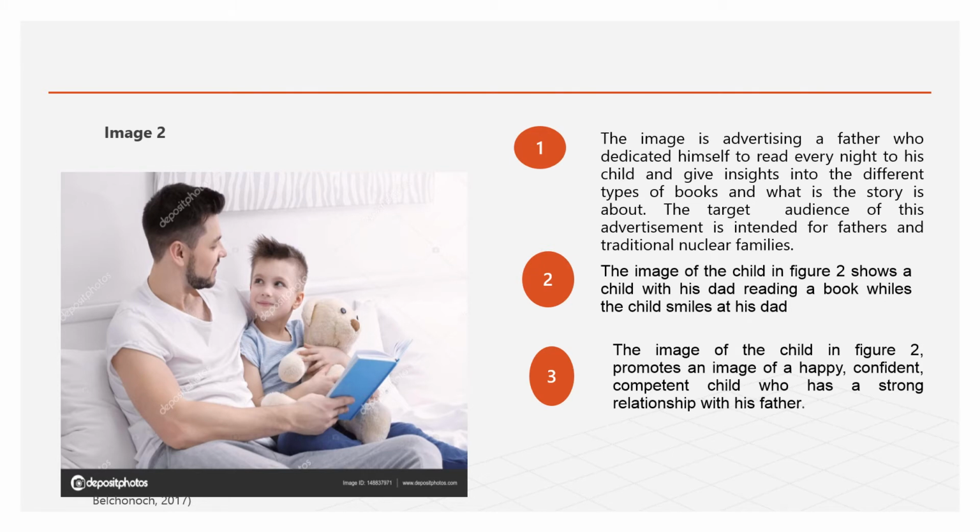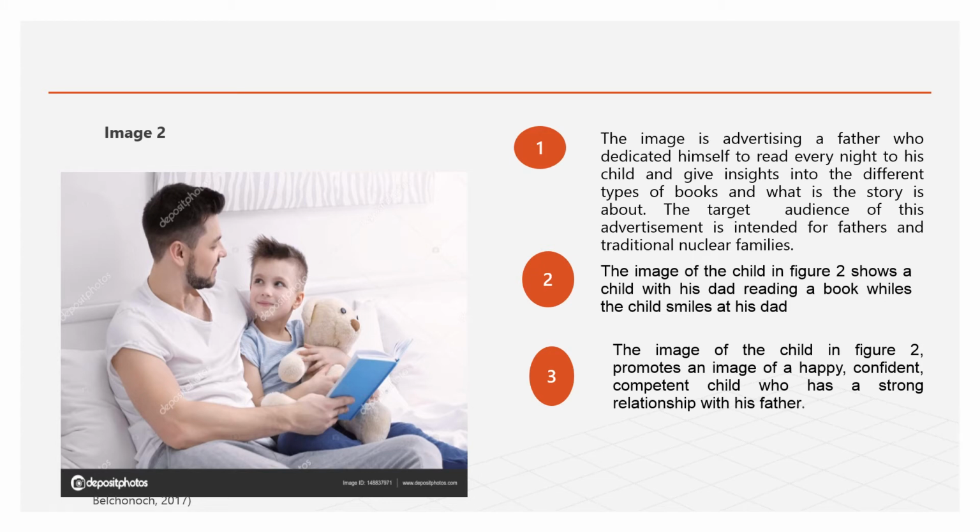Now I would like to move to image 2. The image is advertising a father who dedicates himself to read every night to his child and give insight into the different types of books and what the story is about. The target audience of this advertisement is intended for fathers and the traditional nuclear family.